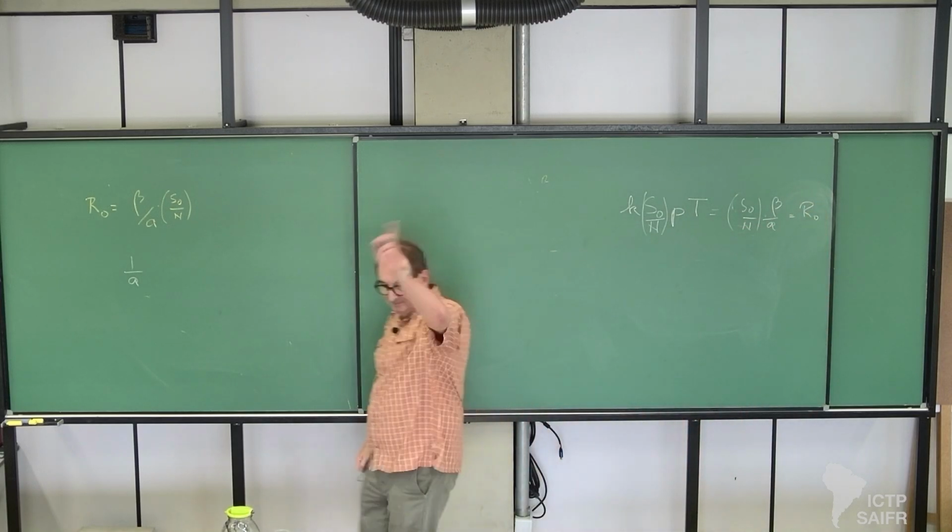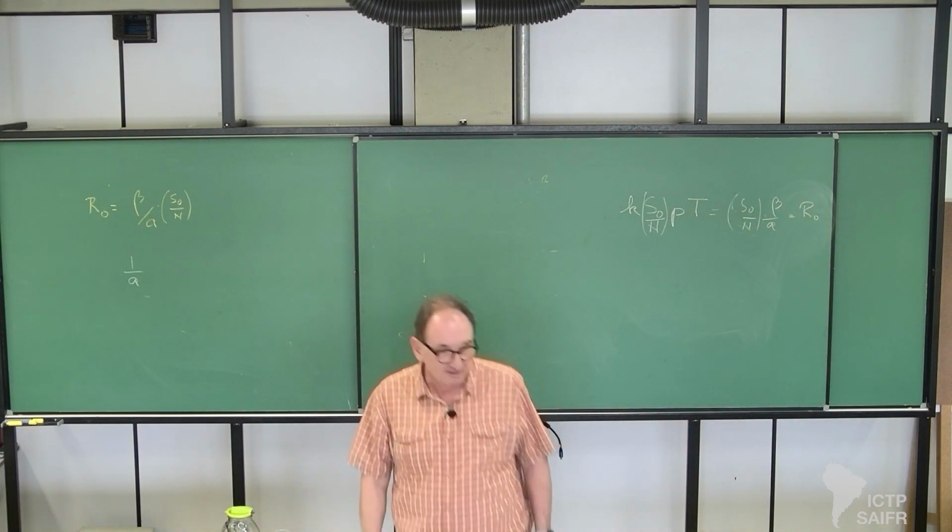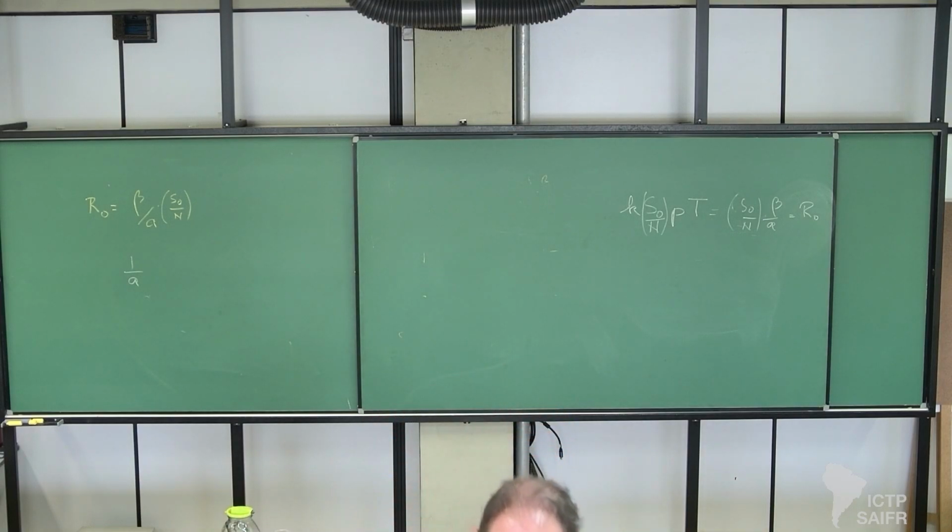Is that probability P that you called probability of transmission exactly the transmissibility as they define it, or not exactly? Transmissibility is usually beta. Yeah, so beta. The transmissibility is beta.